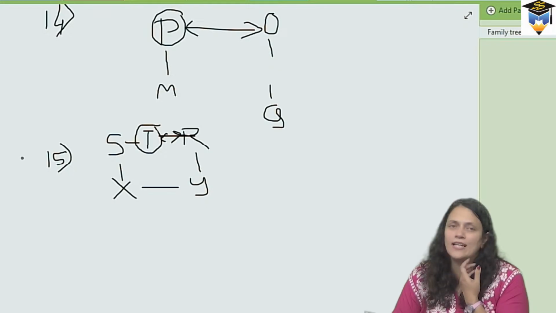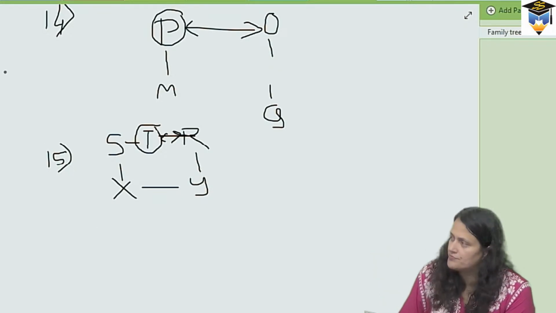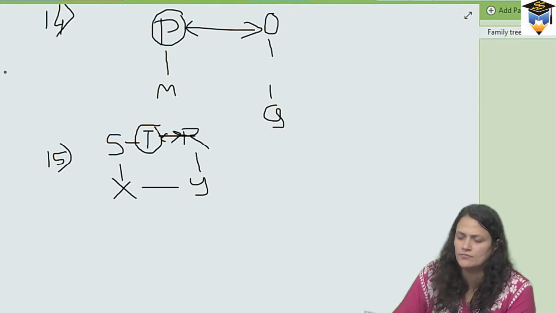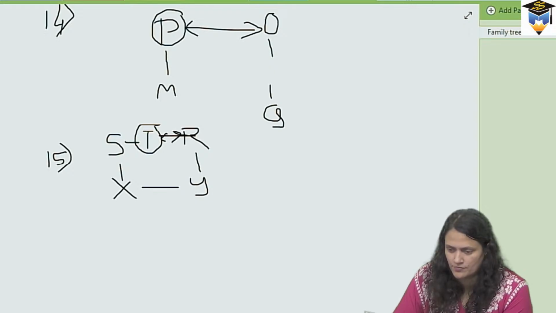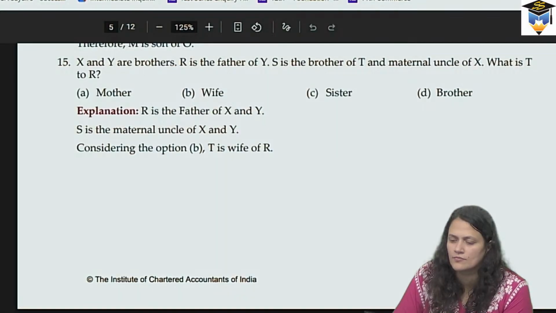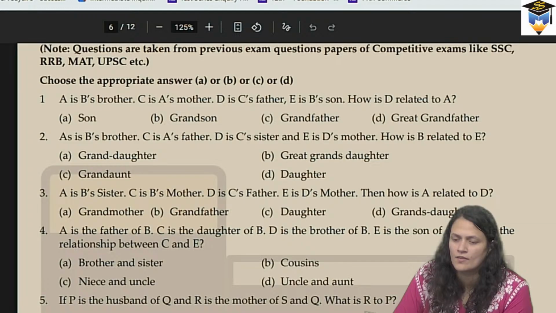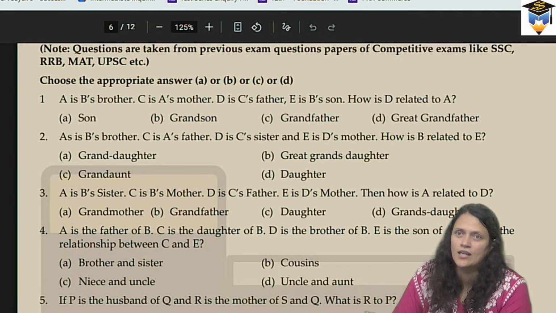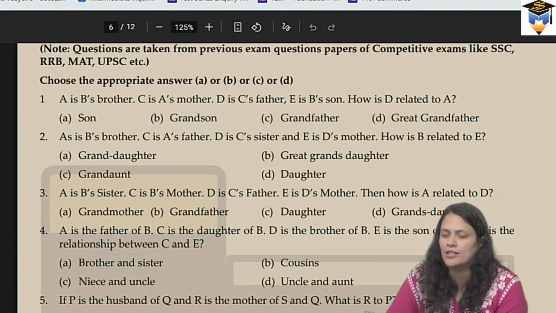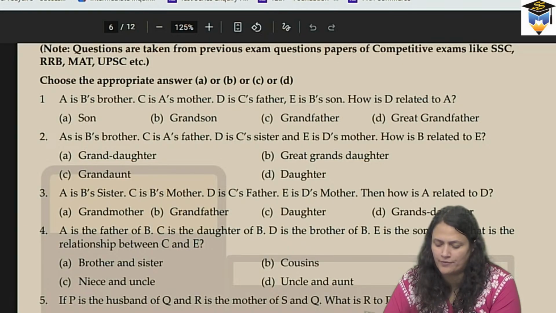Okay, now let us start with the exercise from the module. So now A is B's brother, C is A's mother, D is C's father, and E is B's son. So how is B related to A?